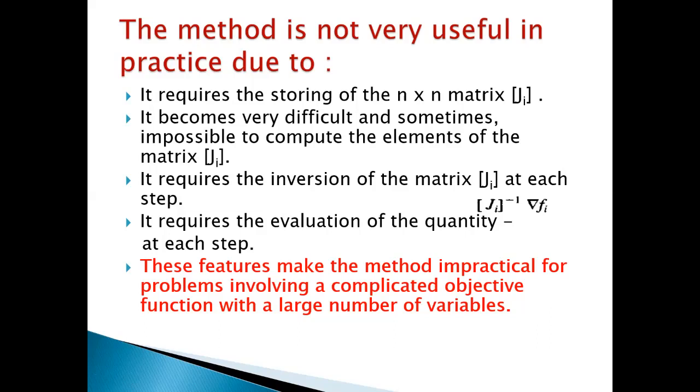These features make the method impractical for problems involving complicated objectives with a large number of variables. Till x1, x2, x3, it was possible. If this equation extends to a large number of variables, then it takes too much time and becomes more complicated. So these are the disadvantages. Each method has its pros and cons.